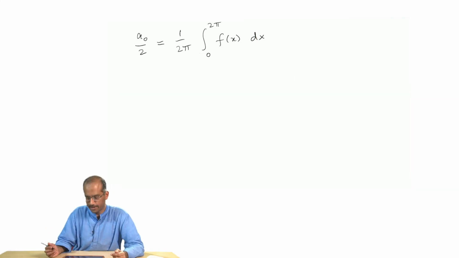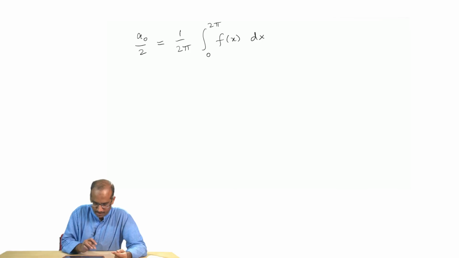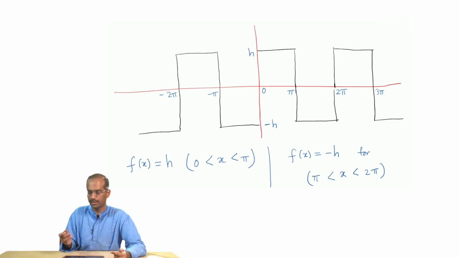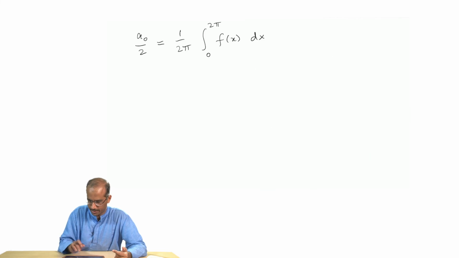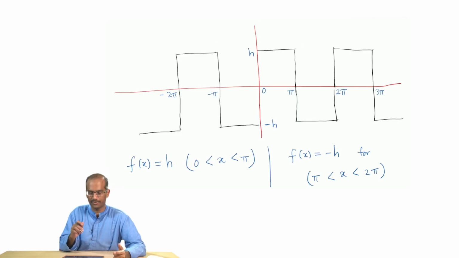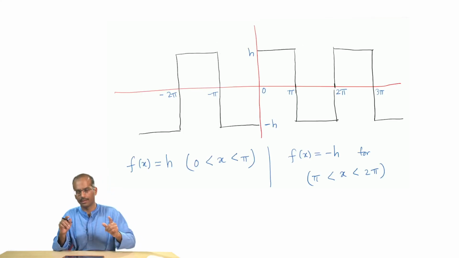So, let us first calculate A0. The standard formula which we just derived is already given here. Now if I do it between 0 and 2 pi, one complete period, I need to split the integral into two parts, because my function is defined differently between 0 and pi and differently between pi and 2 pi.